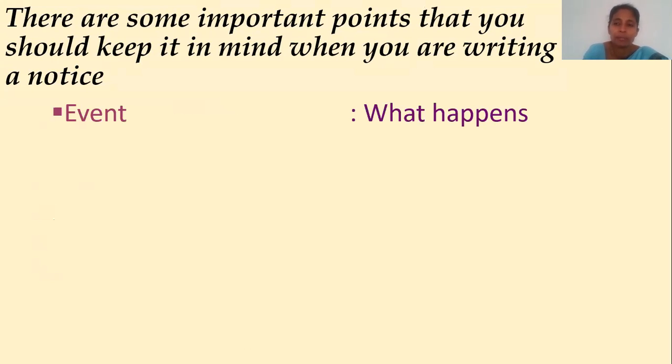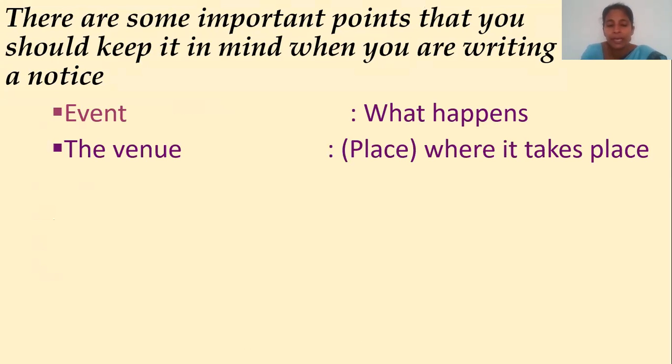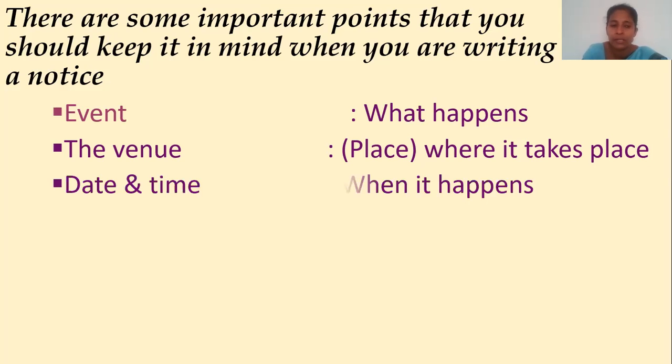Event, that means what happens, or the message you are giving, and the place or the venue where the event takes place. You should include the venue. And also, the next point is the date and time when this event happens.